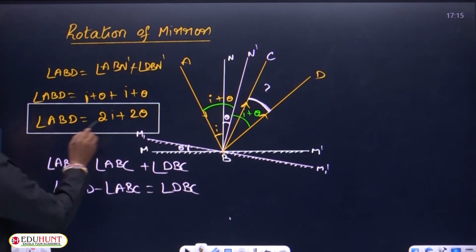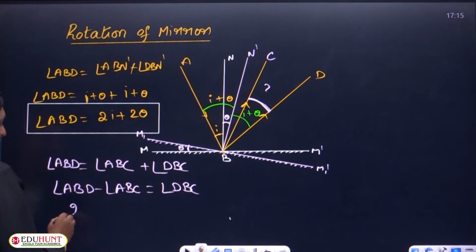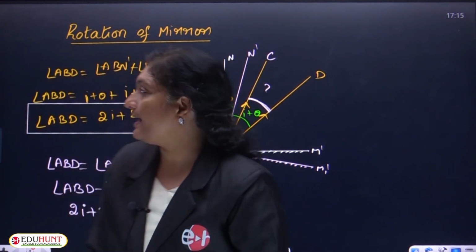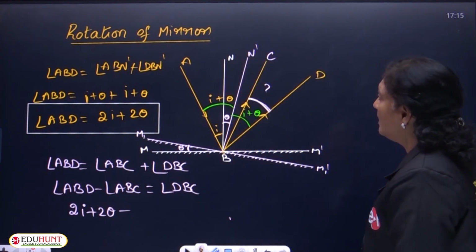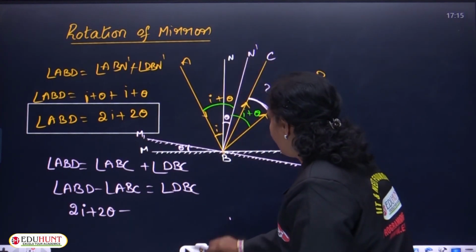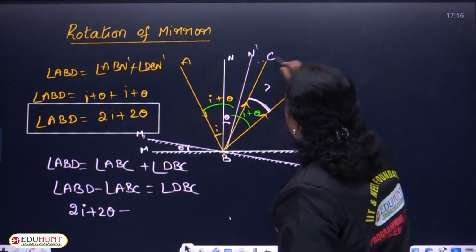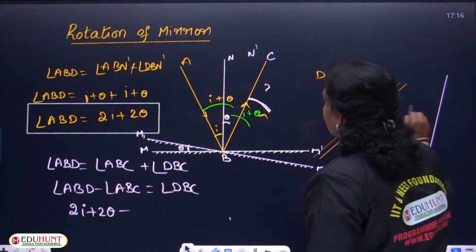But what is the value of ABD, children? The value of ABD is just now found as 2i plus 2 theta. And what was the angle ABC? In order to find out the value of ABC, just avoid these two lines.